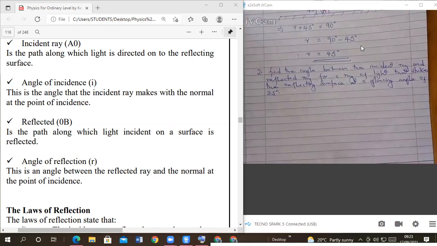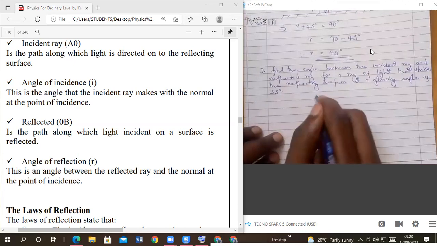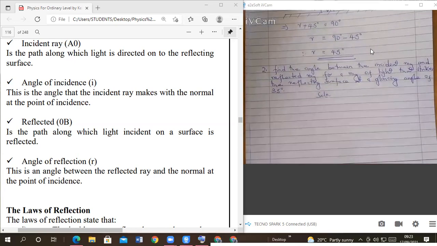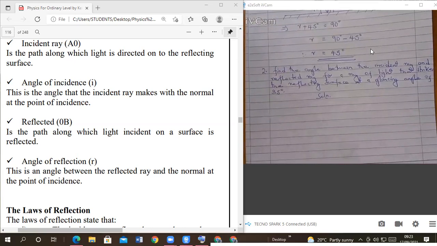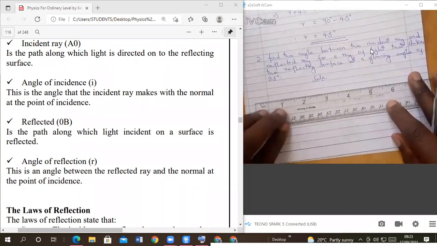Are we together, members? Good. So let's answer that. I said, for any question in light, the most important step is to draw a ray diagram, because it is from the ray diagram that you can analyze. So let's sketch ours here.